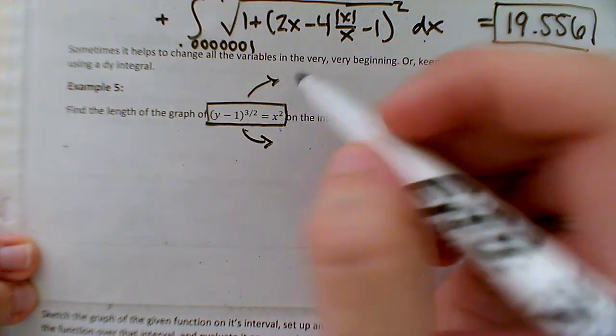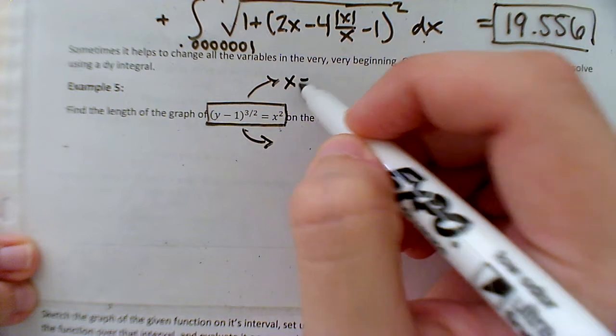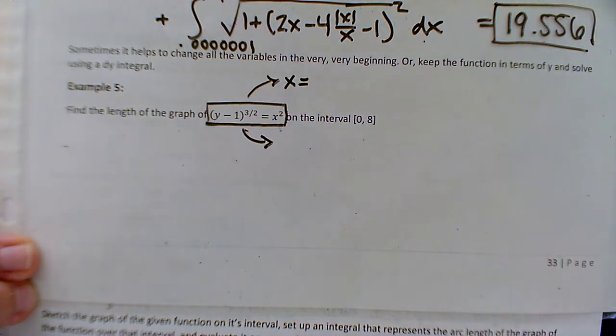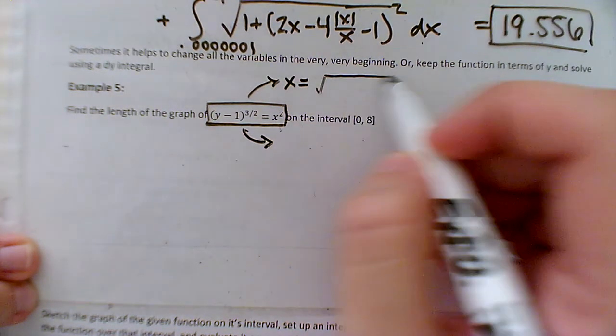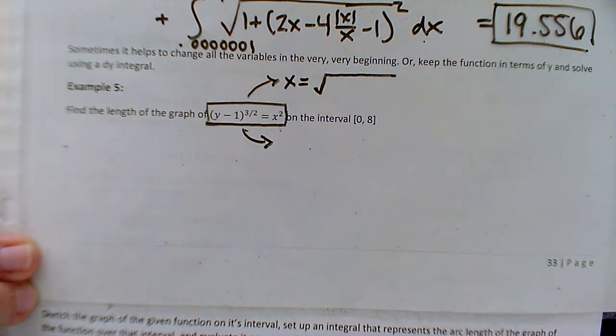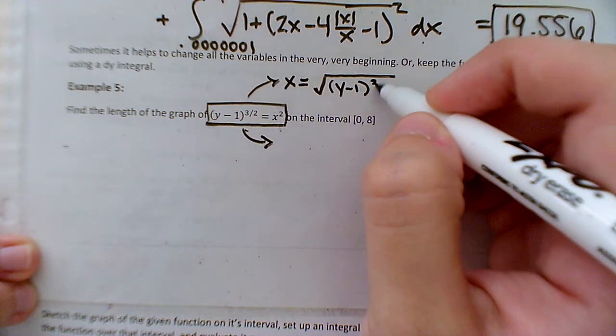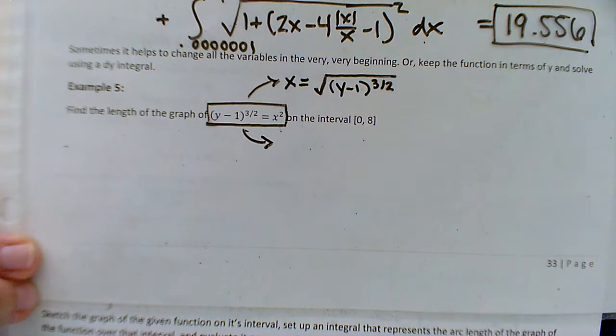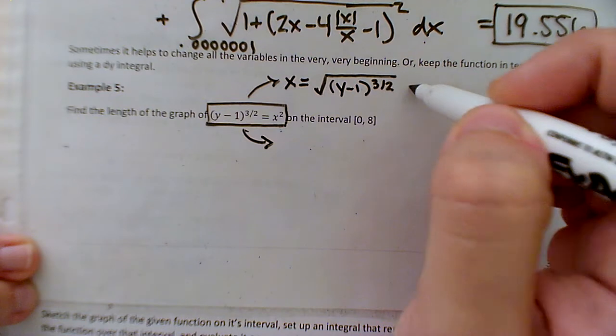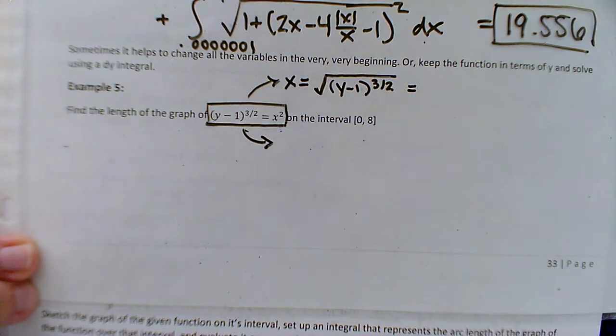I think the x is the easier one to get by itself. If you get rid of the squared, we'd have to square root both sides. Can we kind of clean that up though, perhaps, a little bit?